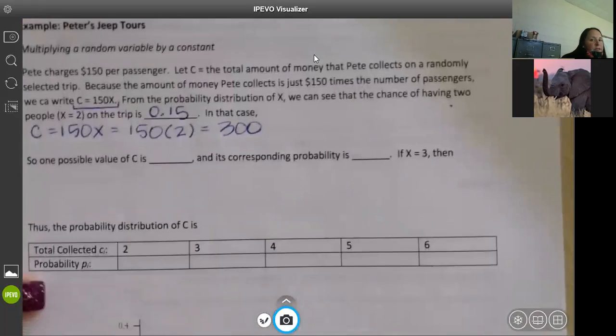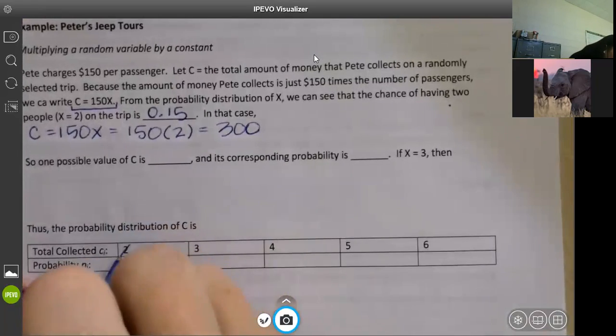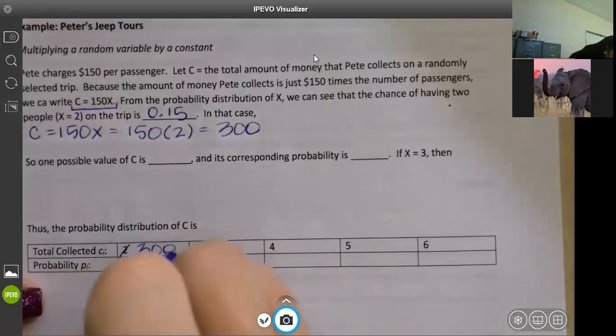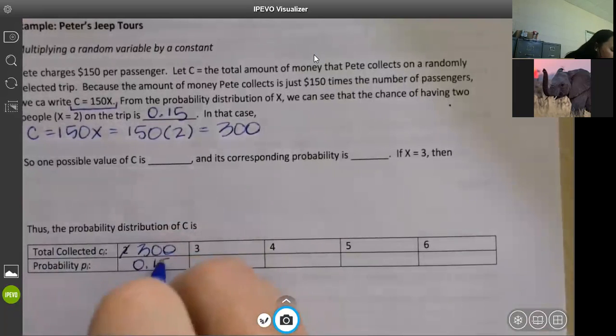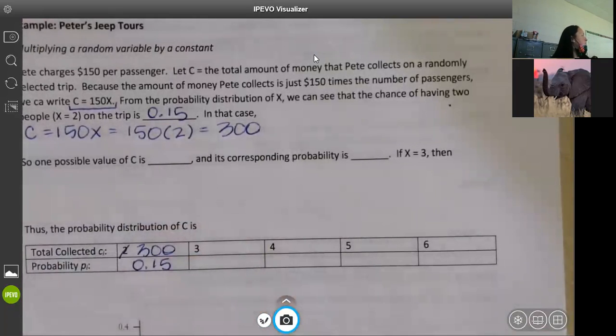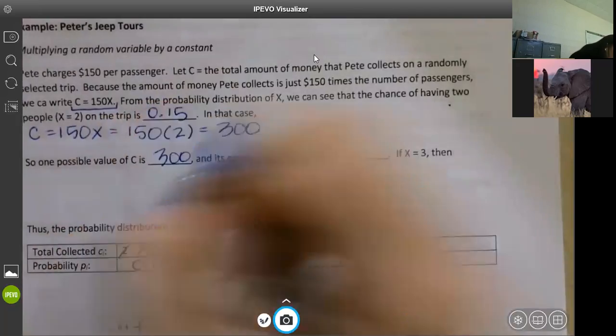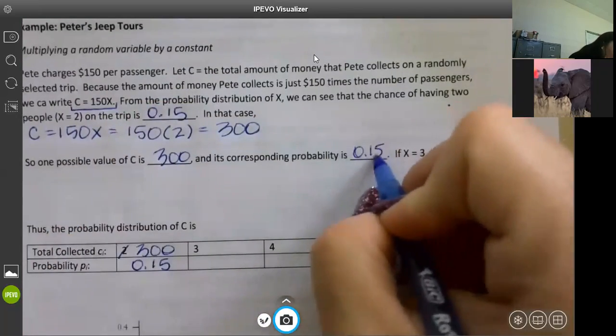So instead of 2 in this chart like last time, 2 people make him collect $300. But the probability stays the same, because it's still the same chance of getting 2 people. So one possible value of C is 300 and its corresponding probability is 0.15.